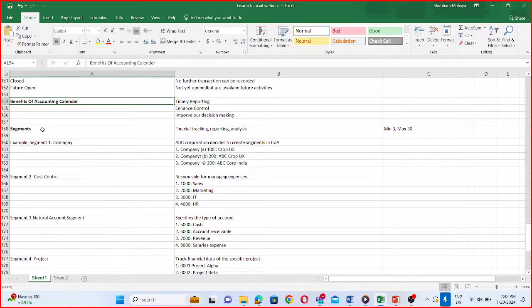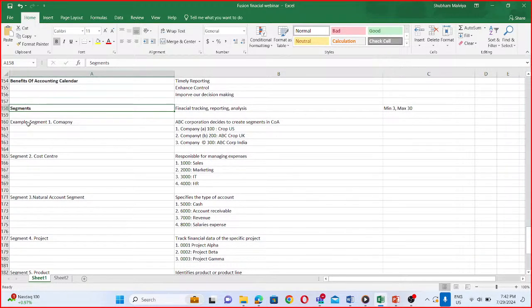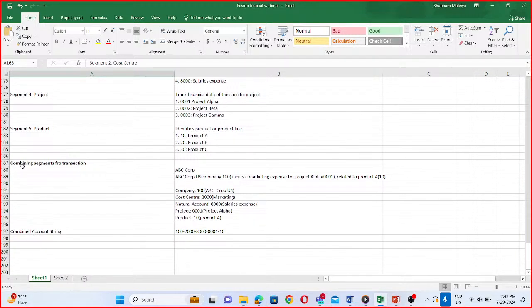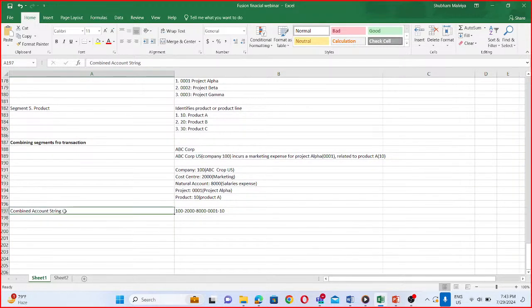Then I explained the segments: what segments are, how to arrange them, how to record them, with an example. And why we combine the segments for a financial transaction. So these are the combined account strings.